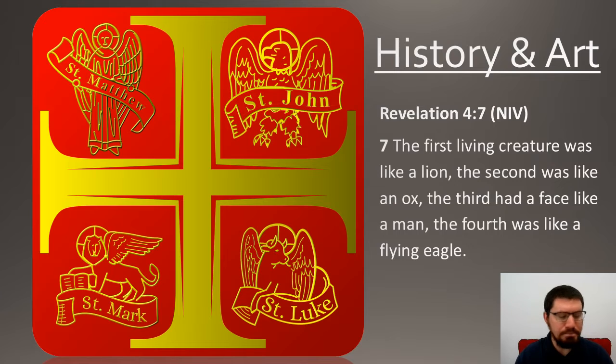And then John, a lot of John's focus has always been recognized as being that Jesus is God. And because of that, of course, we see him being connected with that eagle, the heavenly type of thing.